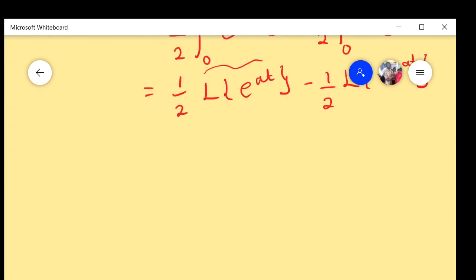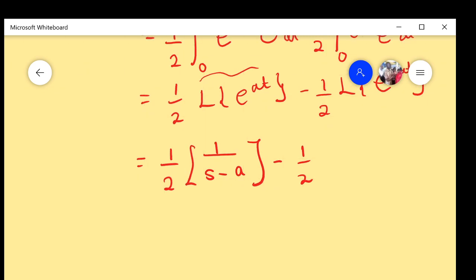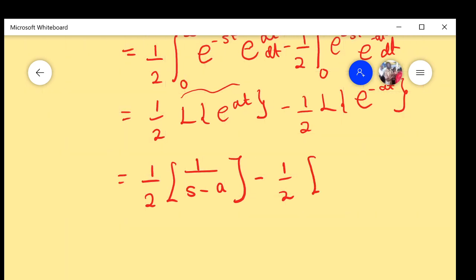We already know the Laplace transform of e to the power at, which we did in our first lecture on the Laplace transform: it is 1 over s minus a. Then that of e to the minus at is going to be 1 over s plus a.